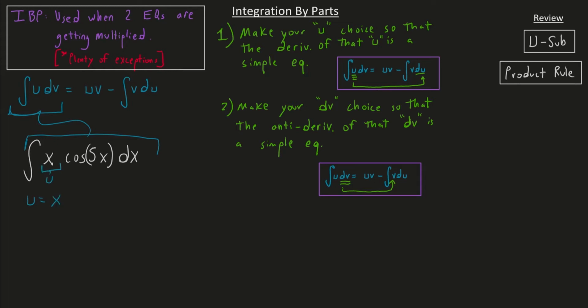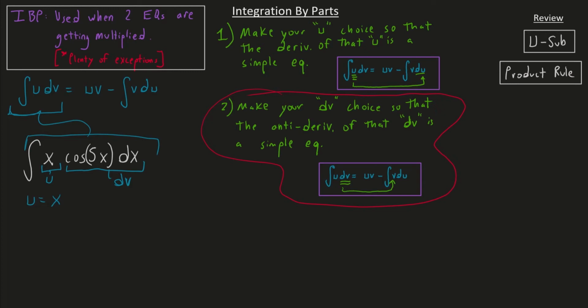Now by default, that makes this remaining stuff my dv. We didn't really have to think through step 2 right here. But there are some cases where you'll have an equation where either u choice that you make results in an easy derivative.